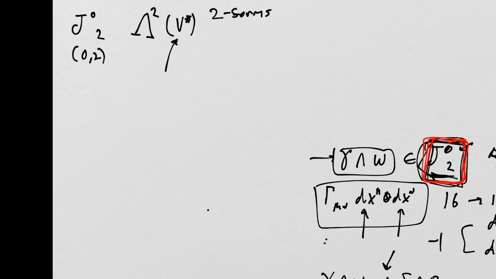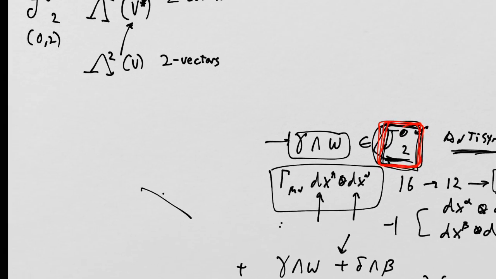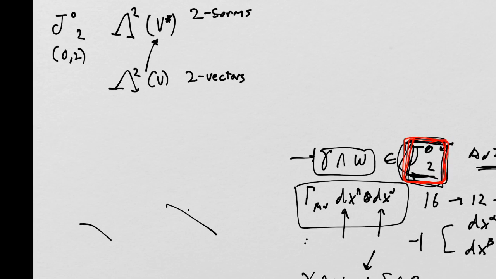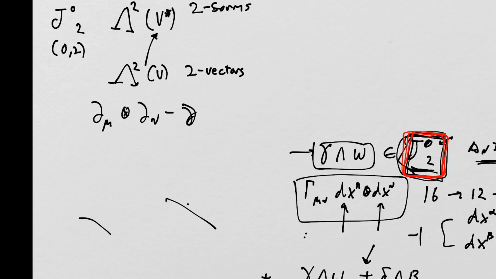I can do all of this, by the way, with the underlying vector space, in which case I'll get things called two vectors. It's the same principle, except now you would be dealing with things like partial mu tensor product partial nu minus partial nu tensor product partial mu, and that would be partial mu wedge product partial nu.